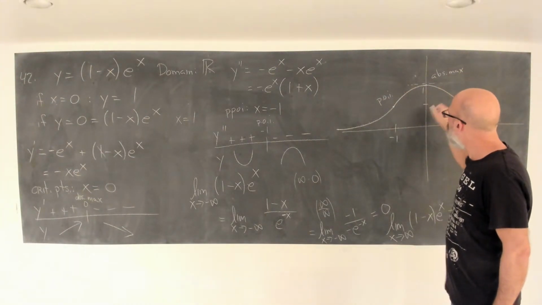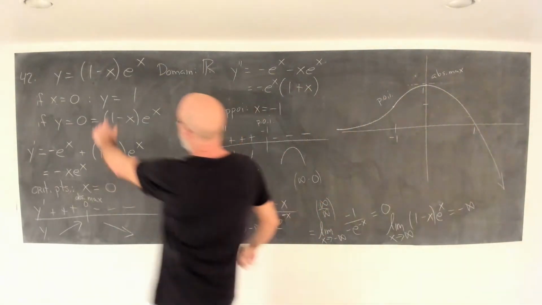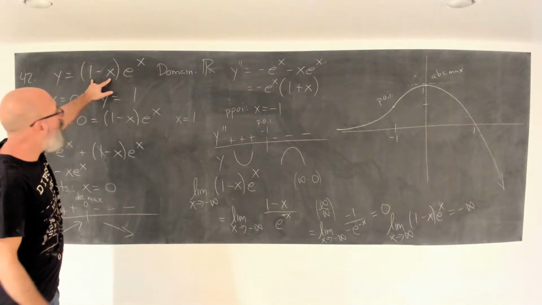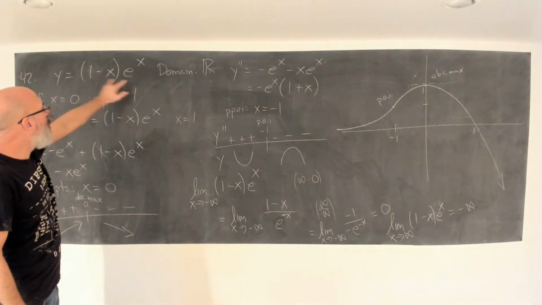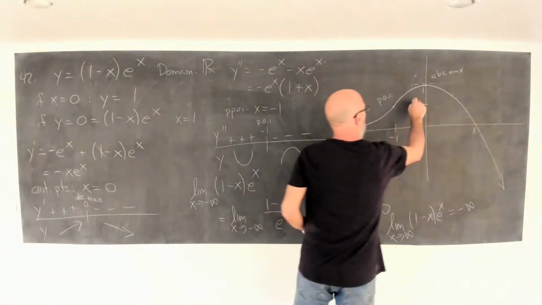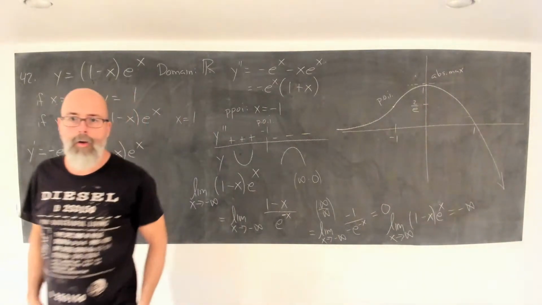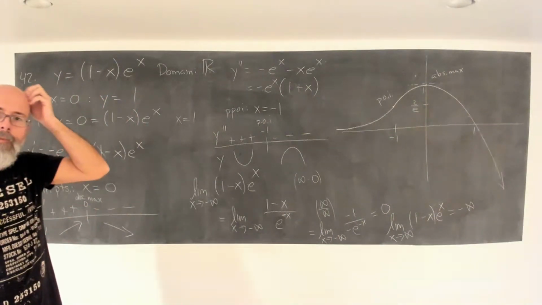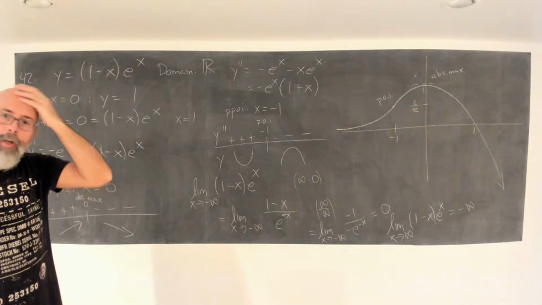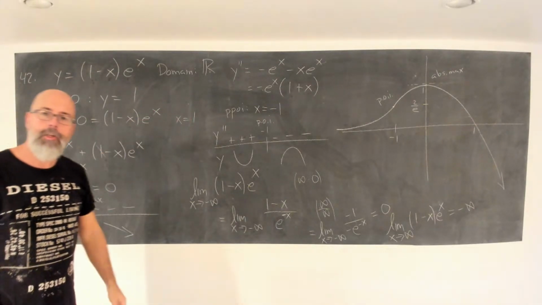It would be nice to calculate the y value when x is -1. This is 2 over e. So it's nice to point that out as well. Do we not need to know the y value of the point of inflection? It's nice to calculate it.